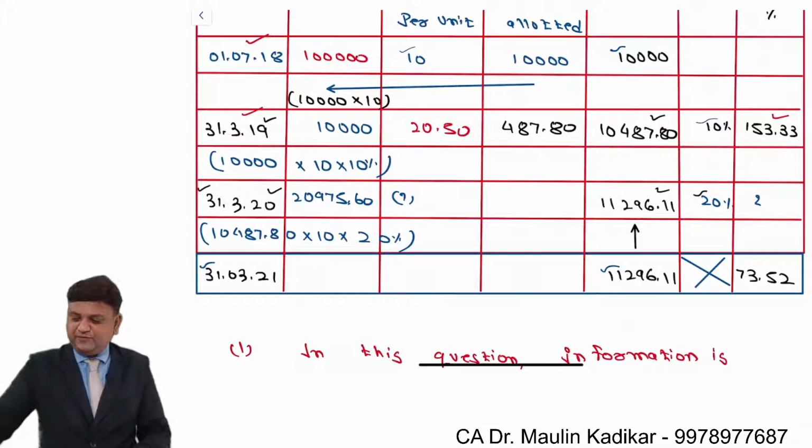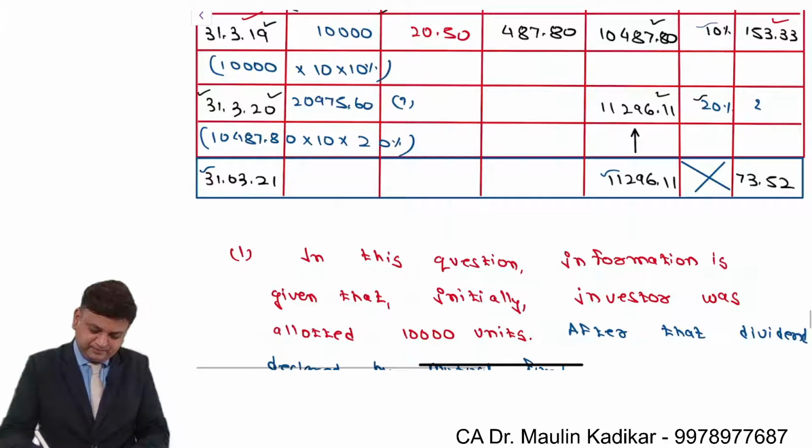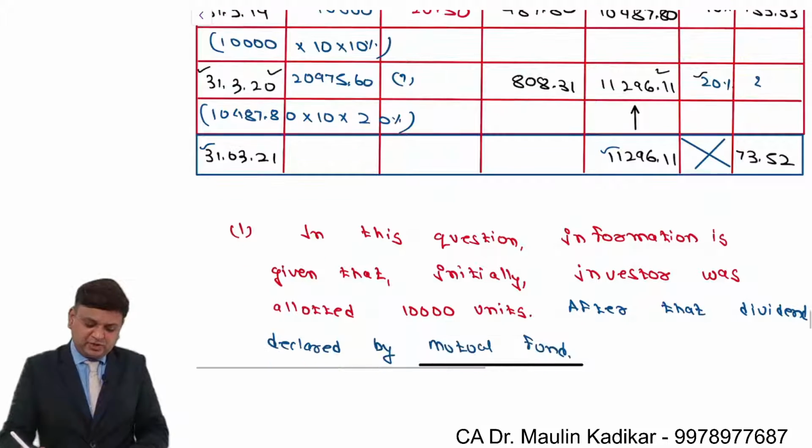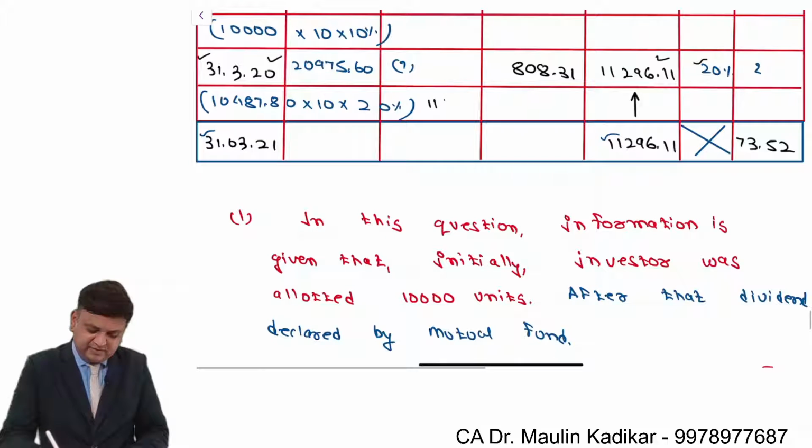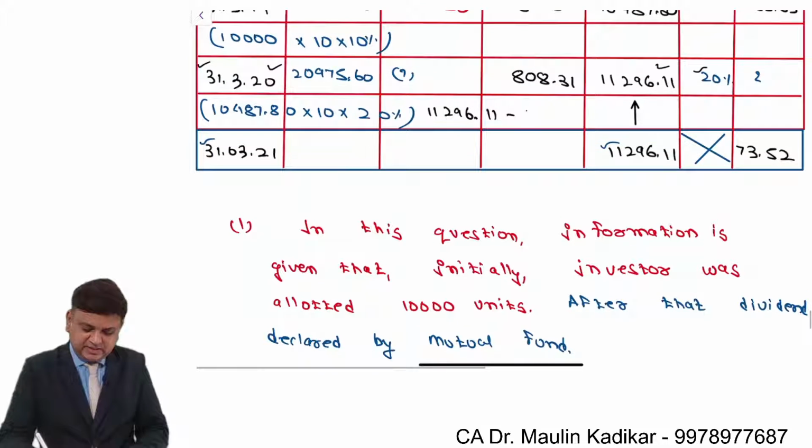So please compute the difference between both of them. 11,296.11 minus 10,487.8 comes to 808.31. This is the number of units allotted. 11,296.11 minus 10,487.80.